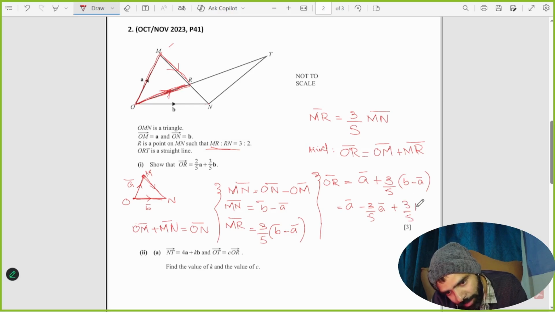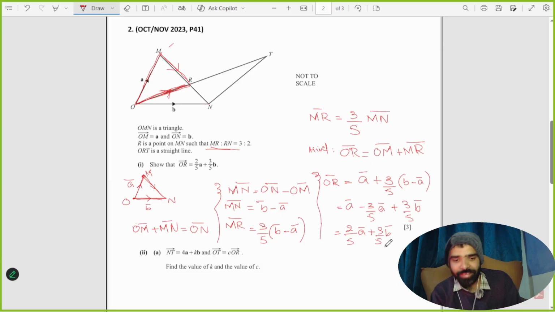So a is 1a minus 3 by 5a. If we write 1 as 5 over 5, it will be 5 minus 3 in the numerator divided by 5, which is going to be 2 by 5 a plus 3 by 5 b, right?